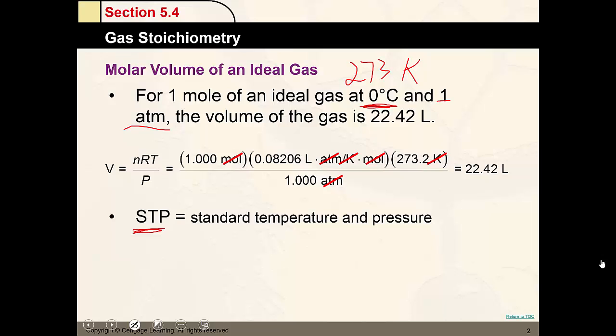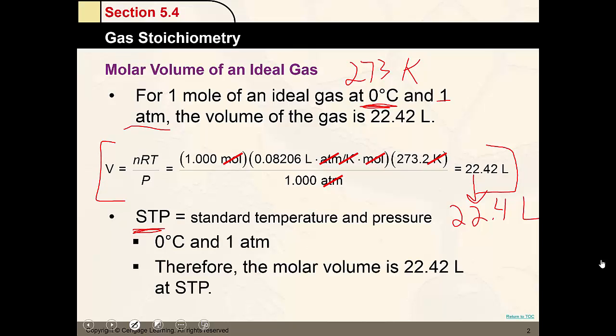But anytime you'll see it used in the ideal gas equation, if you do that, you will get a volume of gas of 22.42 liters, or normally, for our sake, we will use the value of 22.4 liters. So at 0 degrees Celsius and 1 atmosphere, you can assume the molar volume of gas is 22.4 liters.